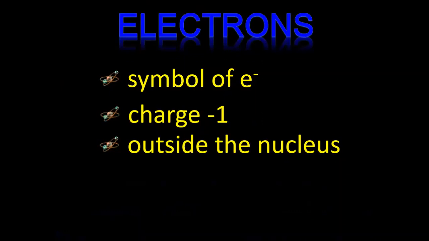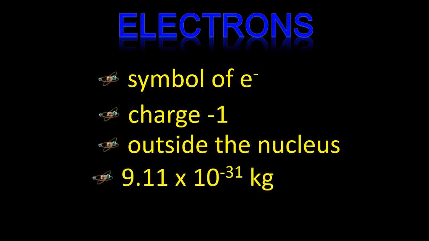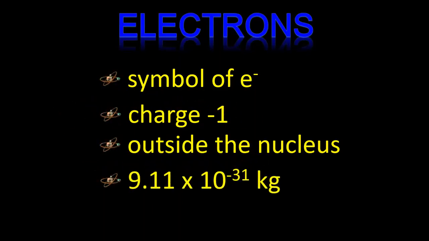They're in the shells, in the rings, or in the energy levels. They're in the orbitals, but they are not in the nucleus. Okay, now their mass is even less than the other particles. It's 9.11 times 10 to the negative 31. So it is smaller compared with proton and neutron.